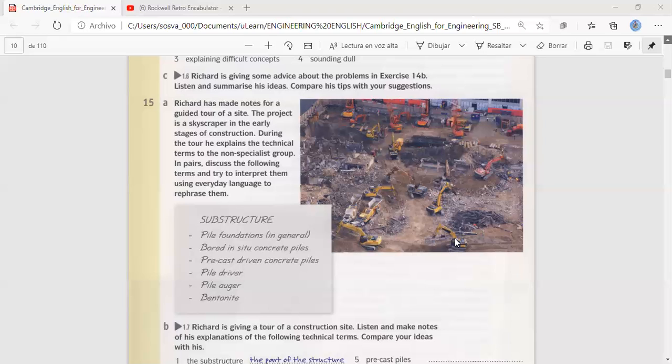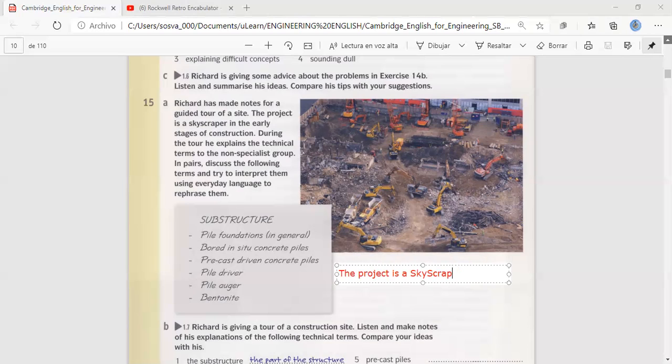So let's talk about the project now, and I'm going to write it down here. In this case, the project, what they are building in this photo, is a skyscraper. Do you know what a skyscraper is?